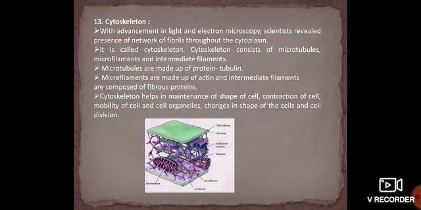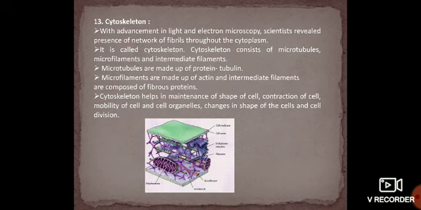Similarly, the cell also has a skeleton which can be seen under light and electron microscope, and scientists have said it is a network made up of fibrils throughout the cytoplasm, specifically called the cytoskeleton.